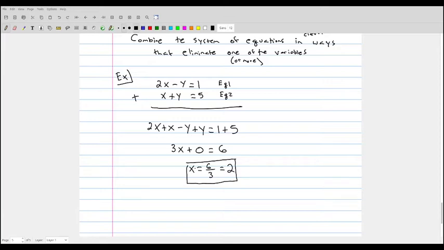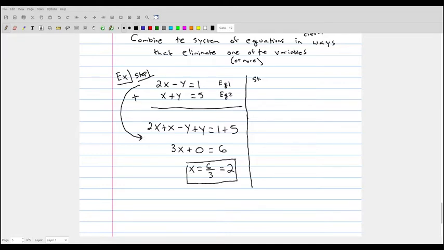Furthermore, we can go through and do the same thing in order to solve for y. If you take equation 1 and equation 2, this is, I guess, step 1 of the elimination method. It's choosing here to add these two equations together.